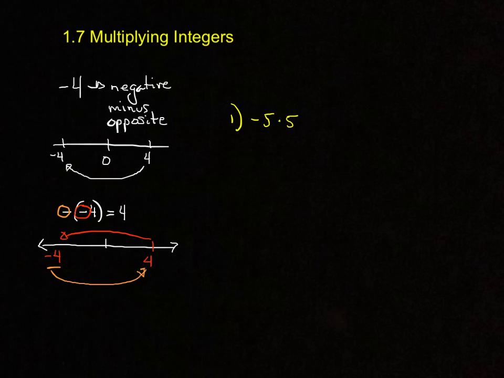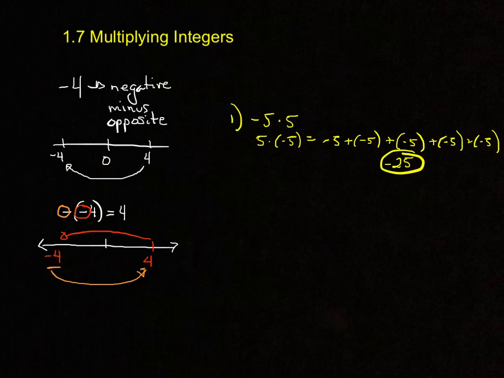So this could be rewritten as 5 times negative 5, and we would write this out as addition: negative 5 plus negative 5 plus negative 5 plus negative 5, and you can see that this gets kind of tedious, plus negative 5. In the end, we add these up just like you've been doing. Same sign, they continue in the same direction. We add up the distance from 0, and we have, lo and behold, negative 25.